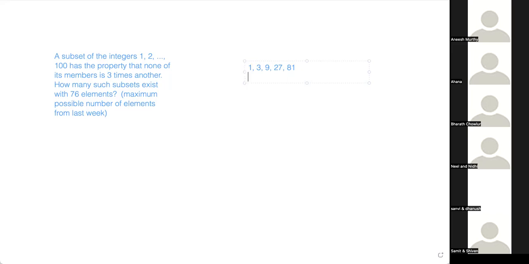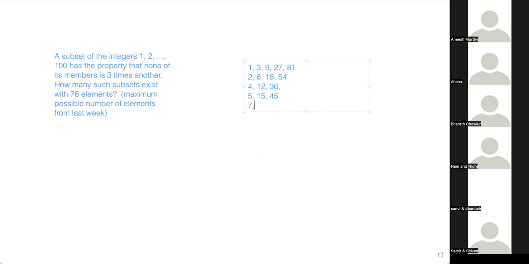What was the next group that we had? We had another group of 2, 6, 18, 54. Another group, we can't do 3, but we did 4, 12, 36, 5, 15, 45, etc. Good. So let's fill a couple more to then start thinking about this question.